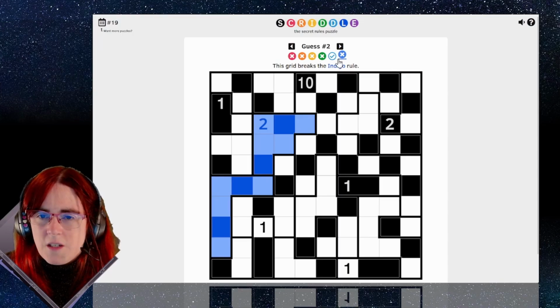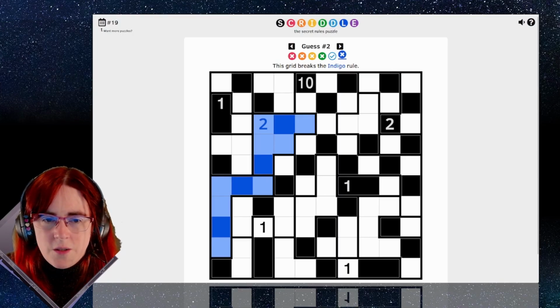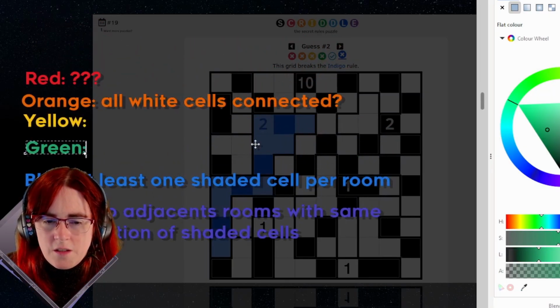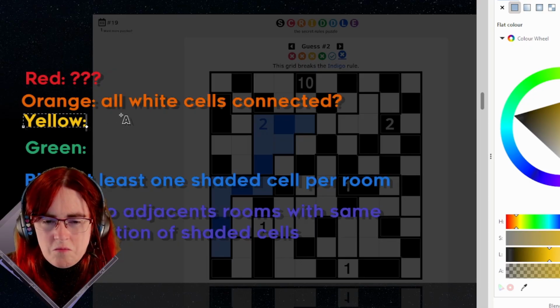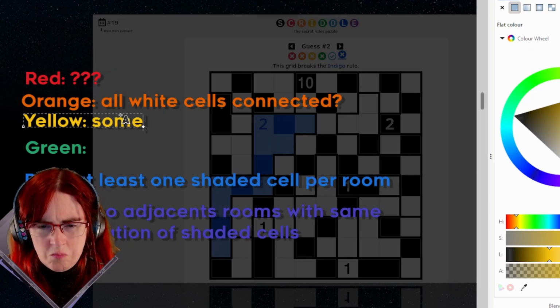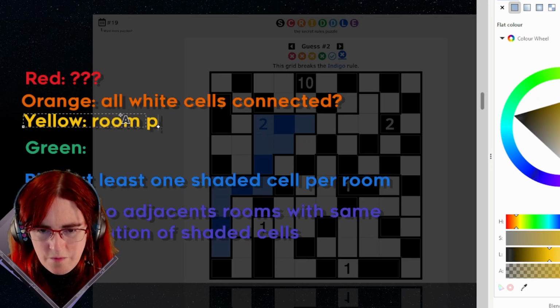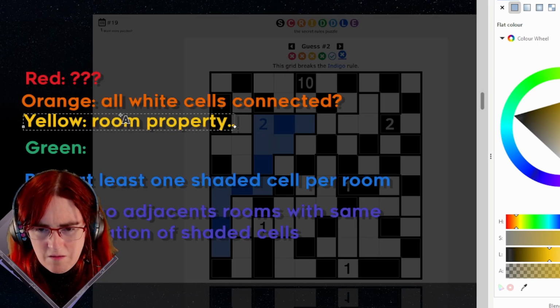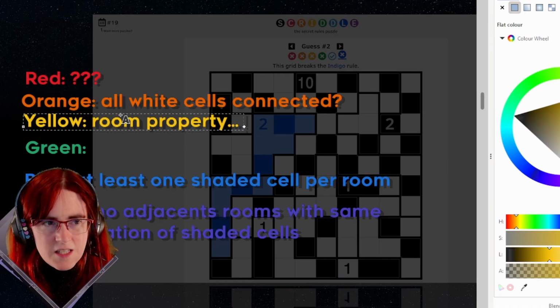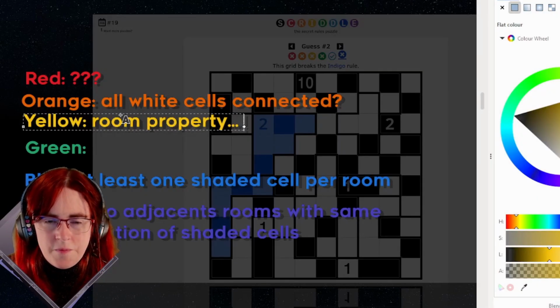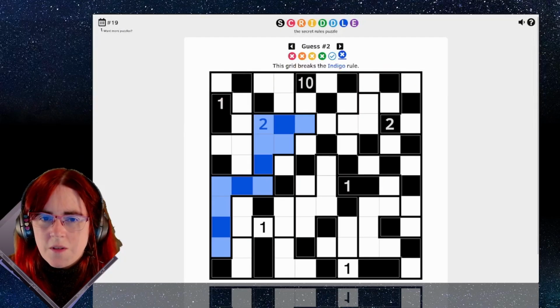So let's go back to our notes. What do we know about it? It's a room property. I can't see whether this is coming up.